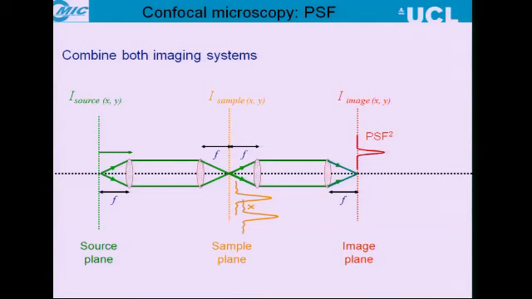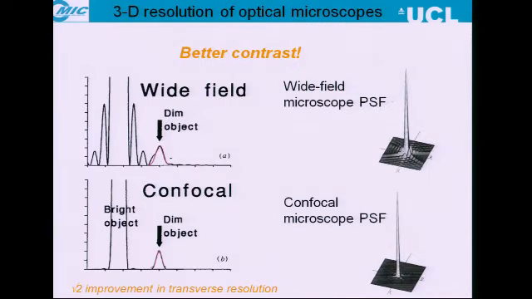So now the PSF is simply the direct imaging in the image plane, not through this first lens system. If you look at the point spread function from a wide field microscope versus a confocal microscope, you get a much sharper resolution. But in fact, at the end of the day, you get about a √2 improvement in transverse resolution.